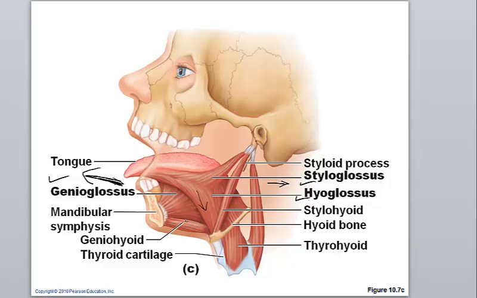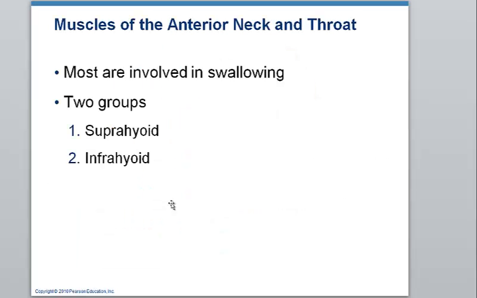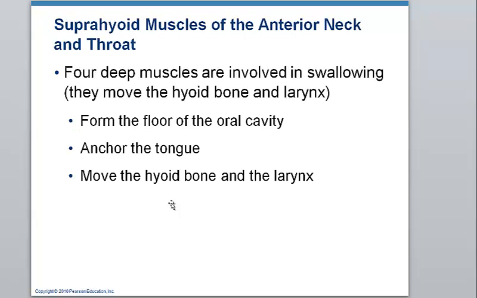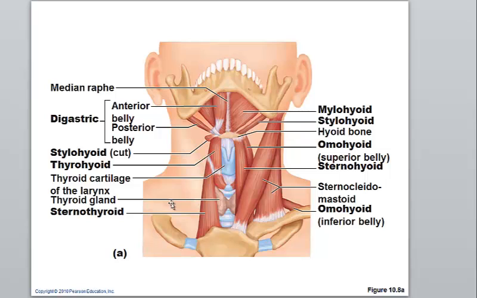Okay, so these are all the movements of the muscles we've covered. Now let's look at the muscles of your neck. They're divided into two groups, suprahyoid and infrahyoid, based on where they are located. Here you can see all the muscles of your neck region.